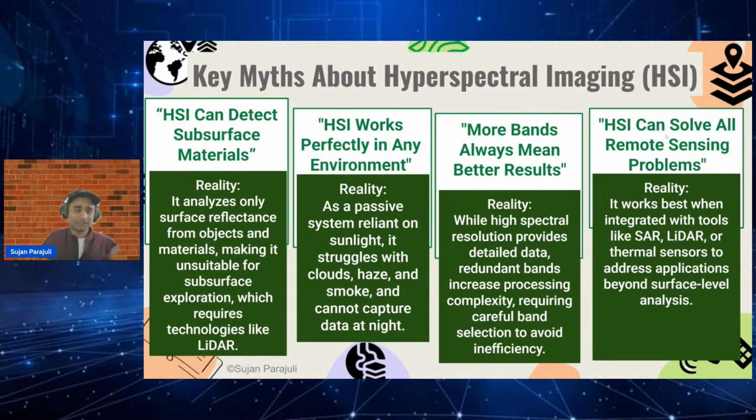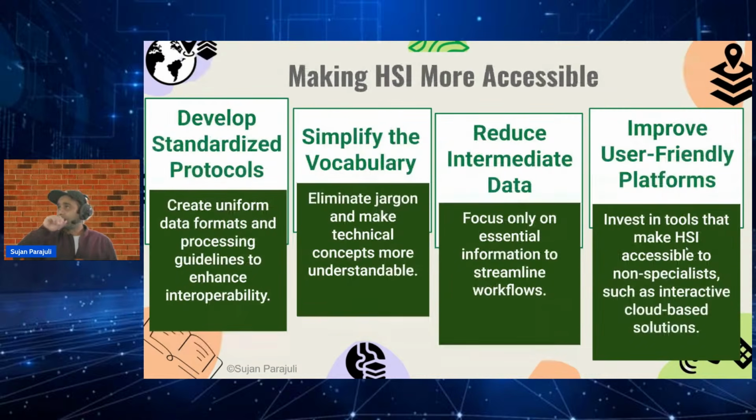Hyperspectral is not a one-size-fits-all solution; it's not going to solve every problem. We have to integrate other sensors, like synthetic aperture radar, which is an active sensor, and lidar. To make this accessible, we have to come up with a standardized protocol or standard of practice.